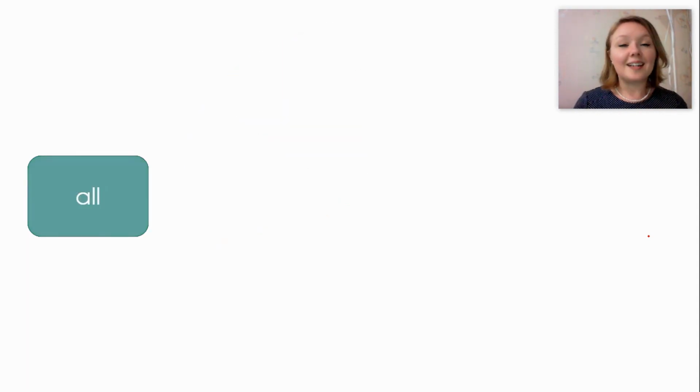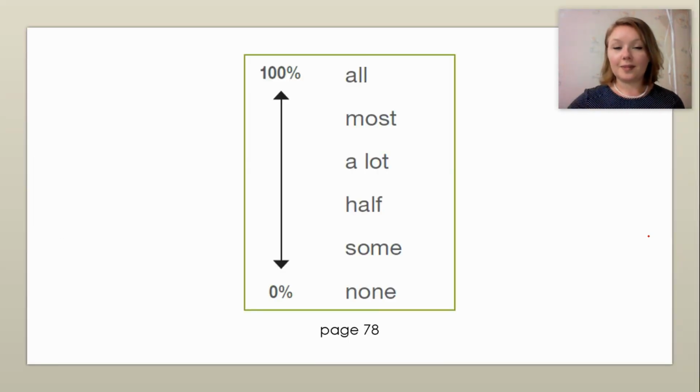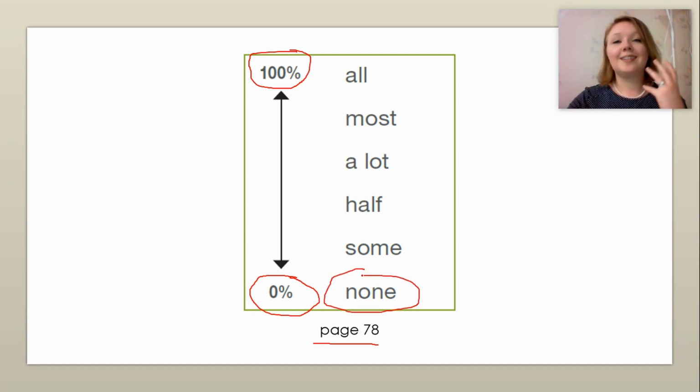So let's look at these words much closer. So here, this we see on page 78. These are quantity expressions. We start at 0% and go to 100%. So 0%, we use the word none. I have eaten none of the pizza. Or I have seen none of my students today.